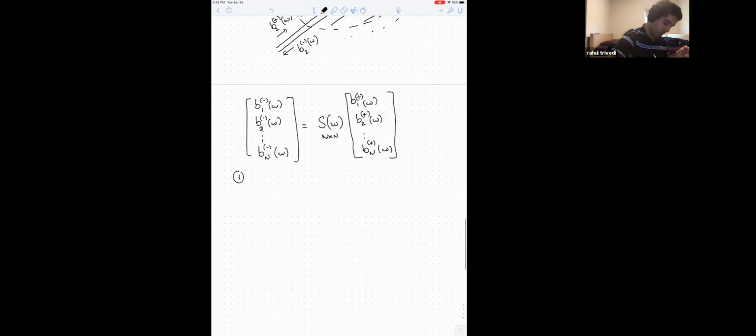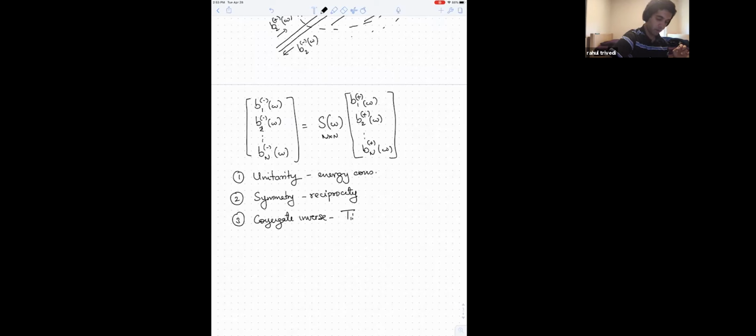Those three properties are going to be unitarity, which comes from energy conservation, symmetry, which comes from reciprocity, and conjugate inverse, which comes from time reversal symmetry. So three very general properties are going to give us three properties of the scattering matrix.